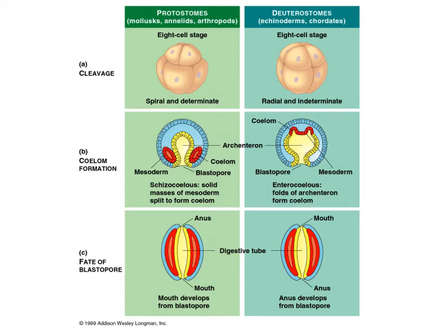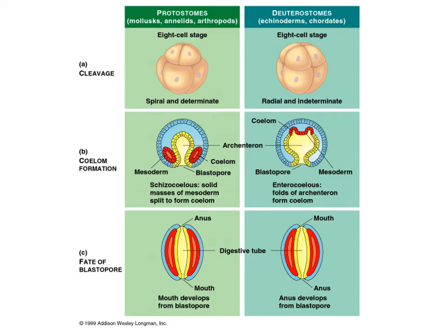This is what we mean by gastrulation. So if we look at stage A, looking at either a protostome or a deuterostome, doesn't matter, you see this ball of cells. There's about 8 cells at this point. Now, during part B, we form the coelom, that internal body cavity, and that forms as more and more cells start to reproduce. It folds in on itself.